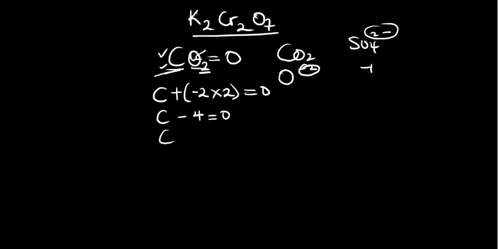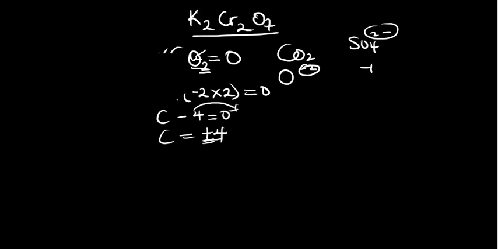Then bring this 4 to the other side, so it is now +4. And there's a rule: whenever you are finding oxidation state, if it is positive, you should indicate the plus sign. If you don't indicate the plus, you are wrong. So I think I've introduced this aspect to you.